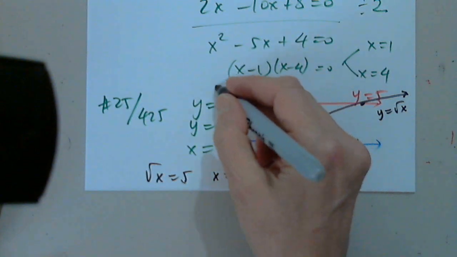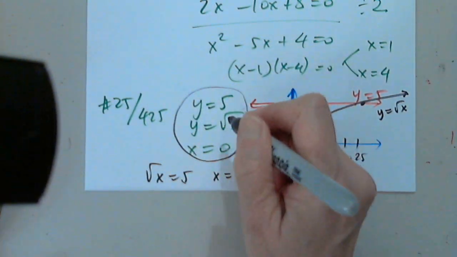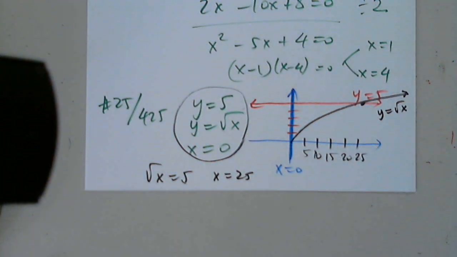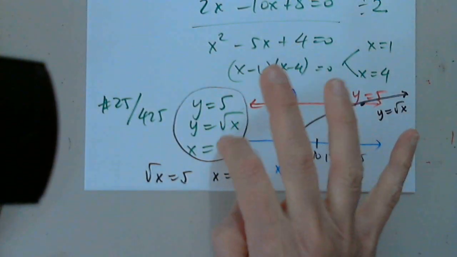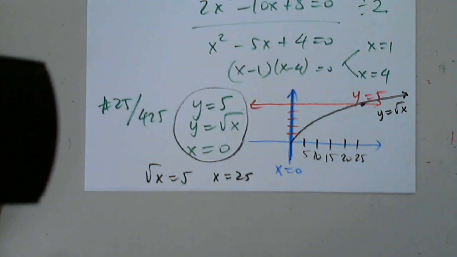Can anyone tell us what is the area enclosed by these? And I will shade it in, and we will determine the area. So that the area touches all three. Where would it be?